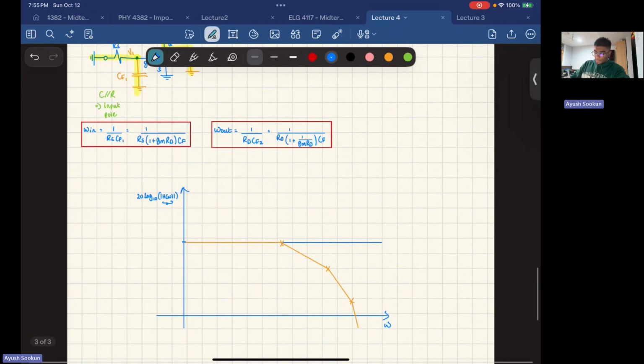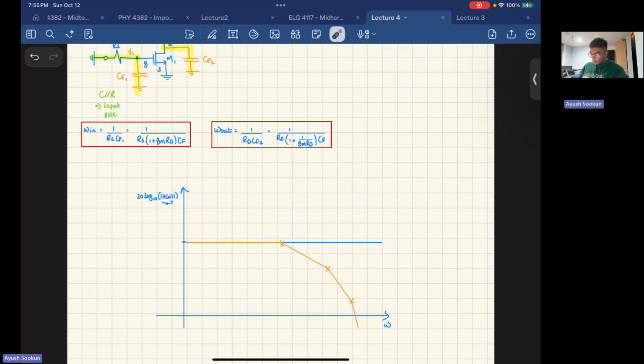So what does that mean in terms of a graph? These are the points here. This could be omega in, and this could be omega out. I don't know exactly, omega out could be before omega in, because I don't have the numerical values. But what I'm trying to get at is that these are the points on the omega axis where your gain will start to go down by 20 decibels per decade.